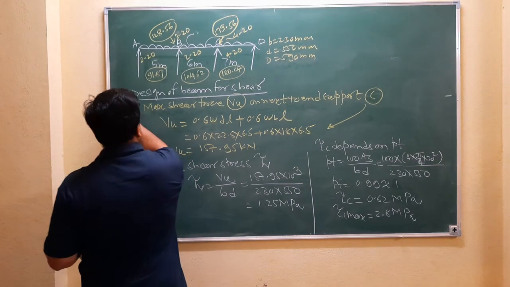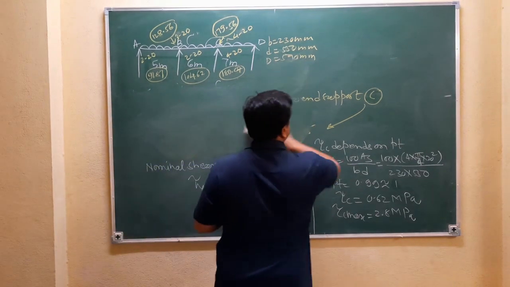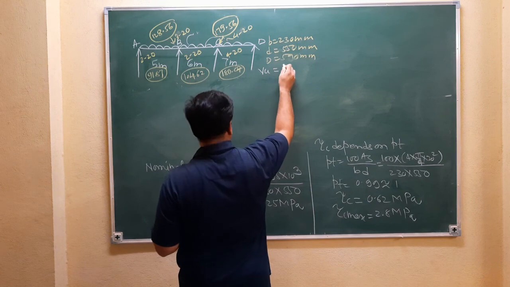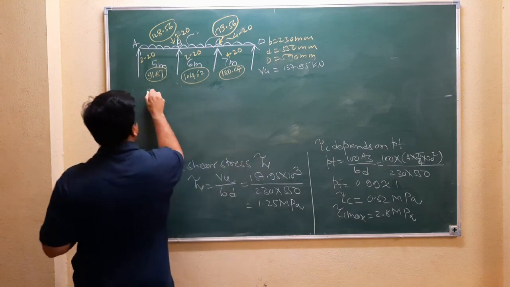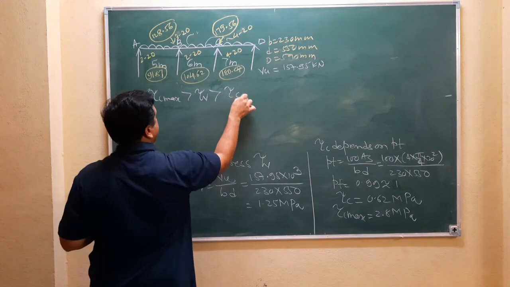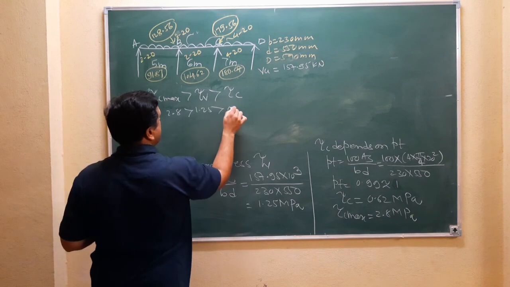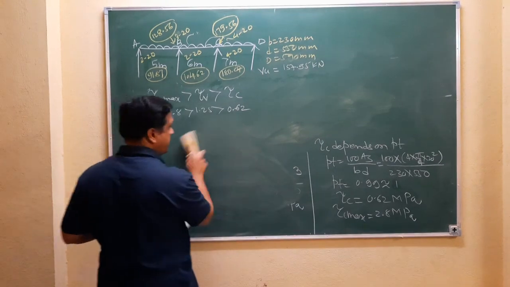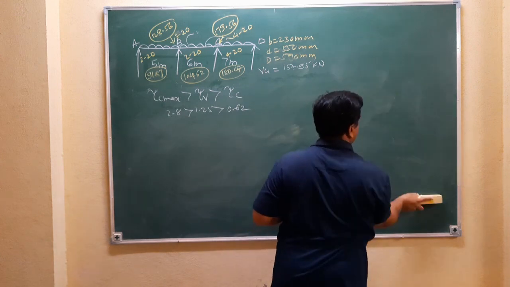Tau c max is more than tau b, which is more than tau c: 2.8 is more than 1.25 is more than 0.62. So shear reinforcement is required.